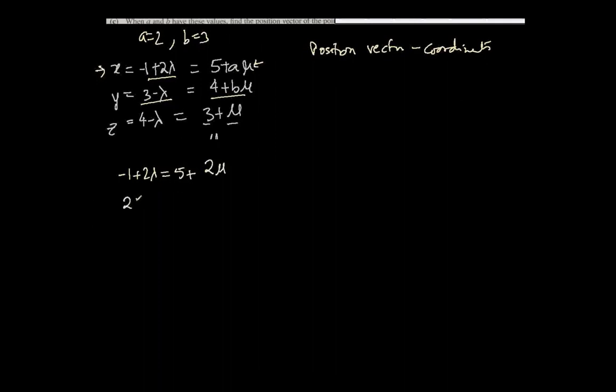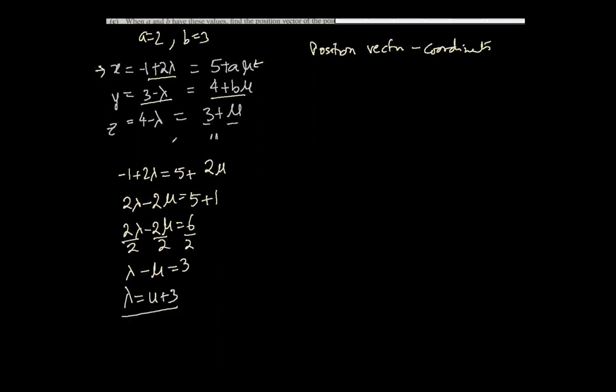Yes. 2 lambda minus 2 mu equal to 5 plus 1, so 2 lambda minus 2 mu equal to 6. Can I divide all of them by 2 so that it becomes a simpler equation? It becomes lambda minus mu equal to 3. So lambda equal to mu plus 3.